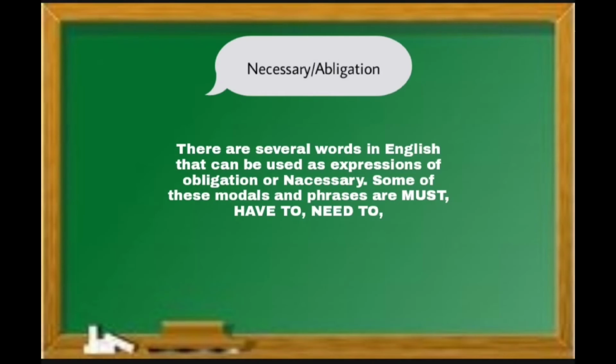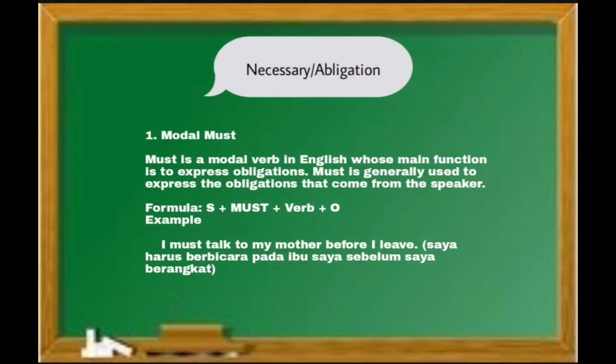Okay guys, the next topic, necessary or obligation. There are several words in English that can be used as expressions of obligation or necessity. Some of these modals and pairs are must, have to, and need to. Okay, the first, modal must.